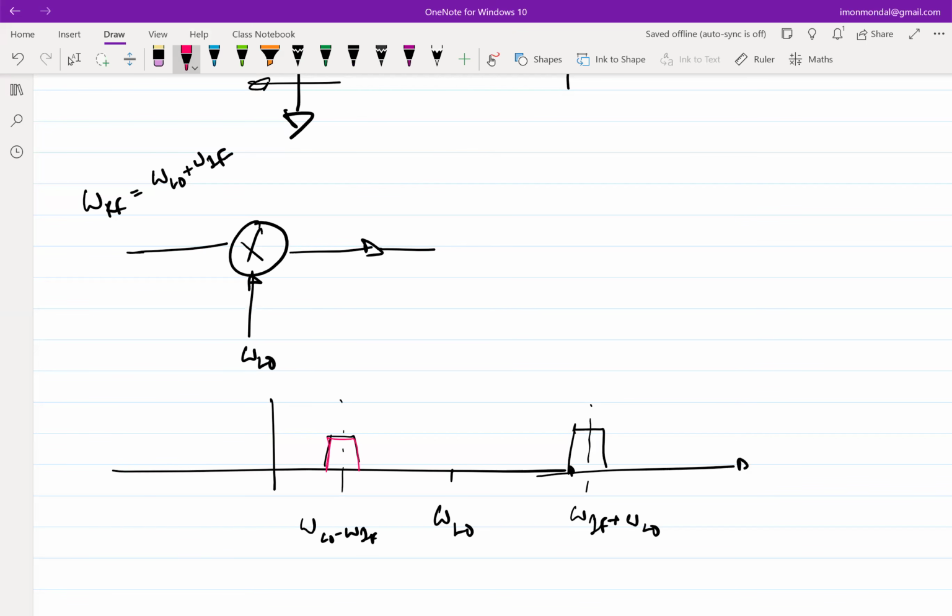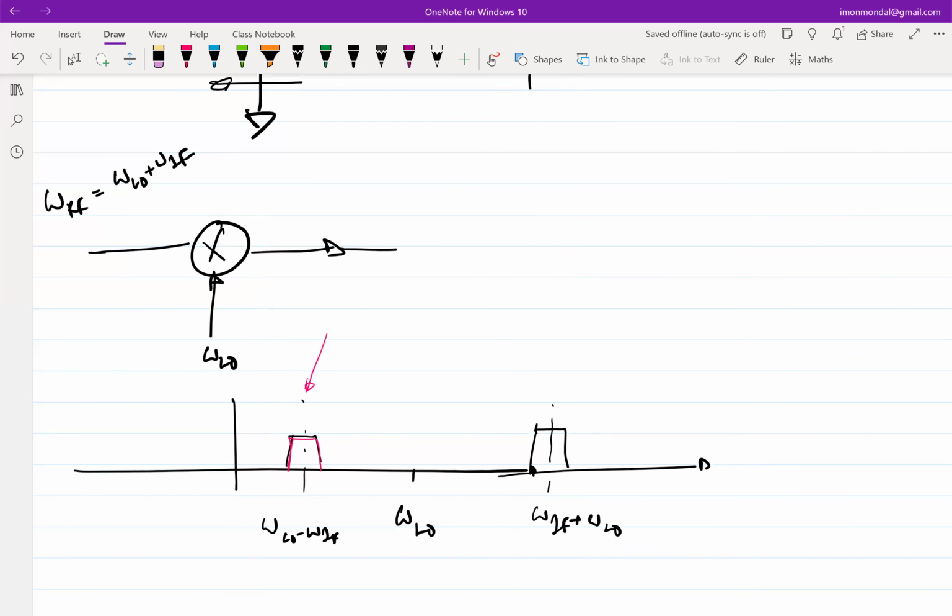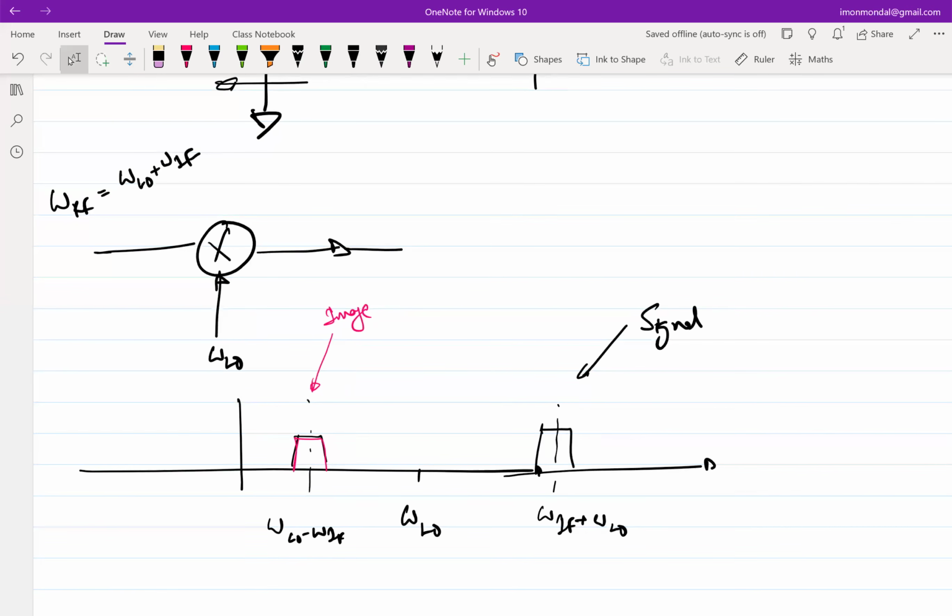This is image. When I say this is image, it means this is not something I am expecting to receive anything from that band. I'm expecting to receive from the omega IF plus omega LO band.